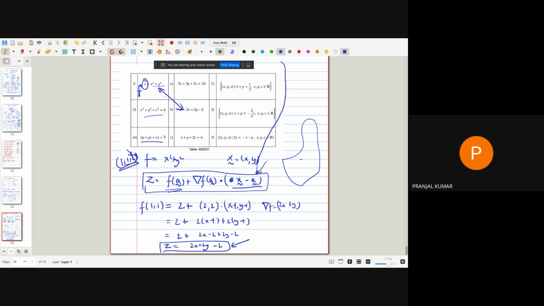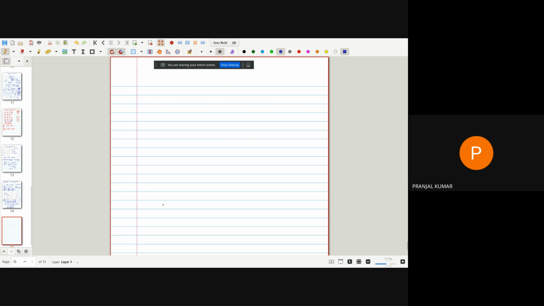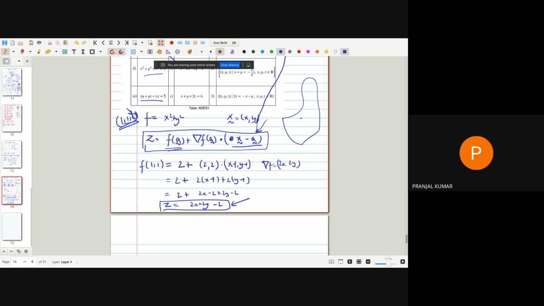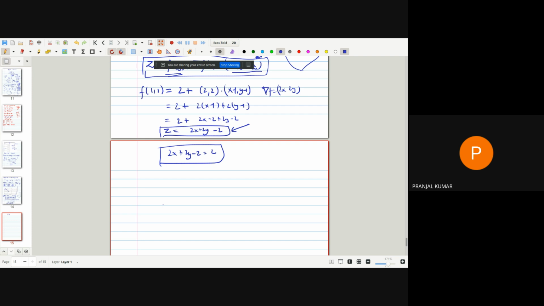Yes or no? Okay, so this is the plane. Another way of writing the plane is the set of (x, y, z) such that 2x plus 2y minus z equals 2. I have repeated this quite a few times, right?